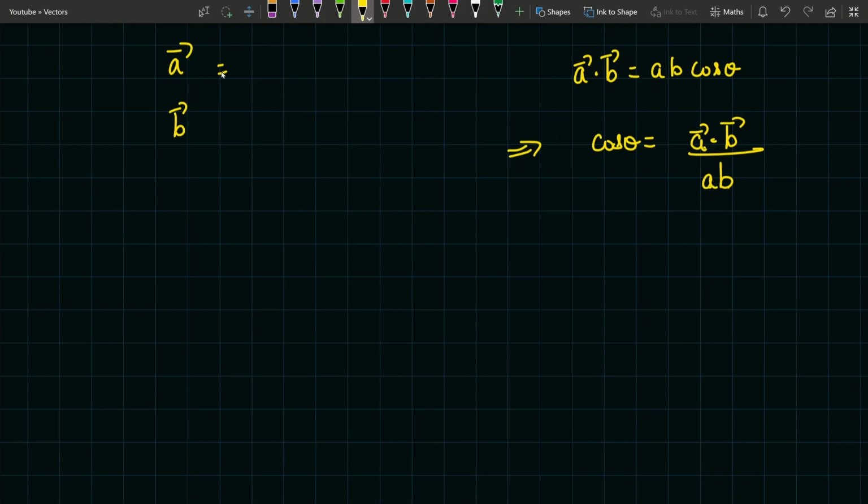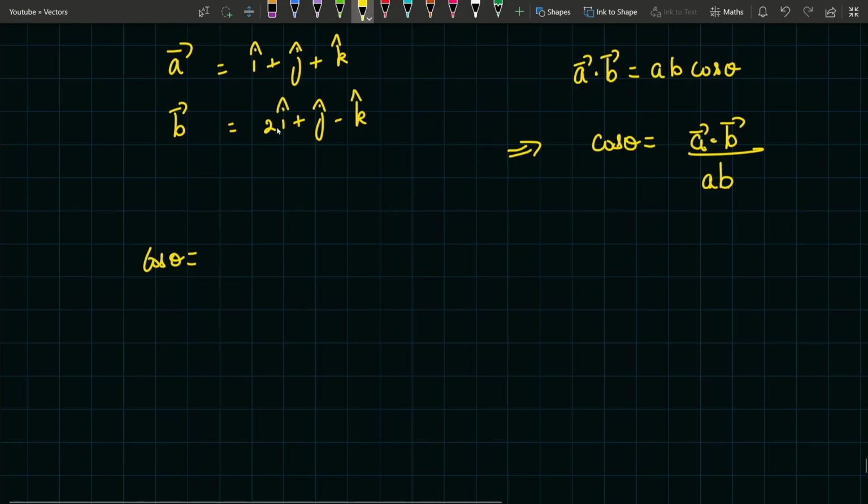For example, if A vector is I cap plus J cap plus K cap, and B vector is 2 I cap plus J cap minus K cap, then I'll find the angle between. So for example, cos theta here equals to, what is A dot B according to the previous formula? 1 into 2, 2 plus 1 into 1, that is 1, plus 1 into minus 1, that is minus 1, divided by the magnitude of A and magnitude of B. We know the formula to find the magnitude.